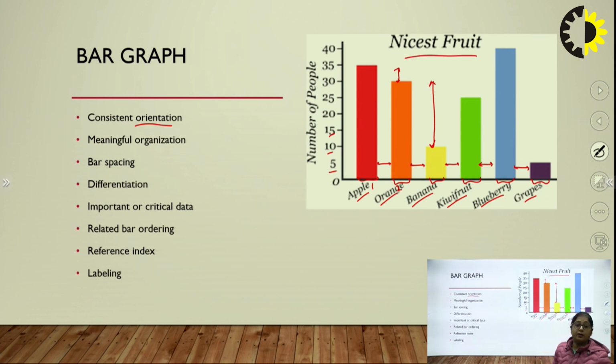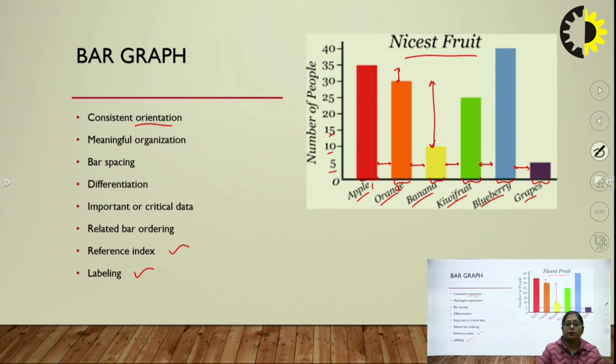This is the title of the graph. You can find the nicest fruit is the blueberry because 40 people consume it in a day. This is how the data is interpreted using the bar graph. Now labeling, we have to do the labeling and the reference index. So this is all about the bar graph.